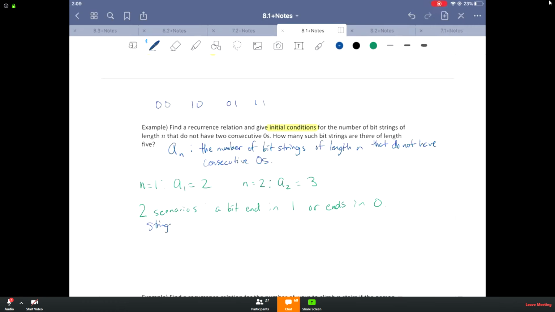Strings that end in 1 are these strings of length n with a 1 at the end. So you have some kind of string, however long it is, and that last spot is a 1. Now the way you think about this is you go back to our counting.